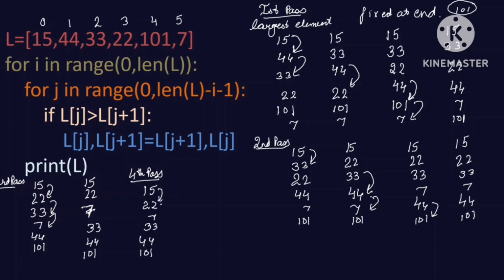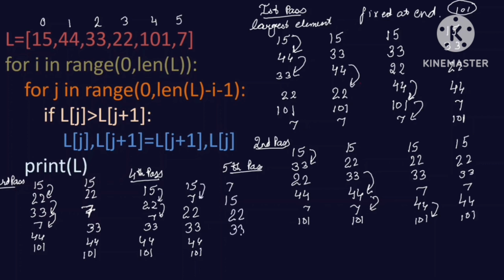That means 15, 7, 22, 33, 44, 101. Now in the fifth pass, 15 and 7 will interchange their position.